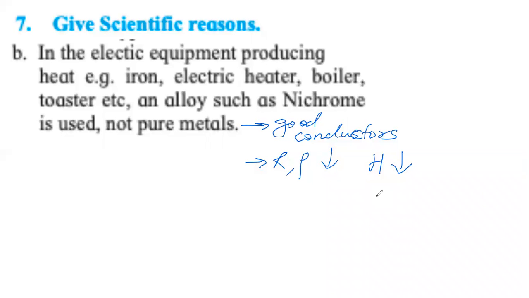We need something with high R and rho. At the same time, we need something which is strong, which has a high melting point. And so we use an alloy of nickel and chromium, which is nichrome.